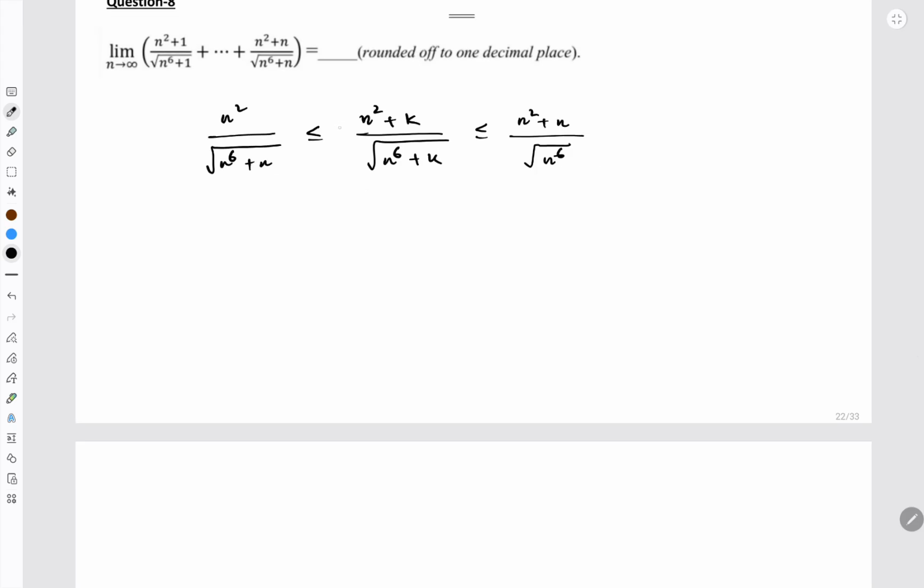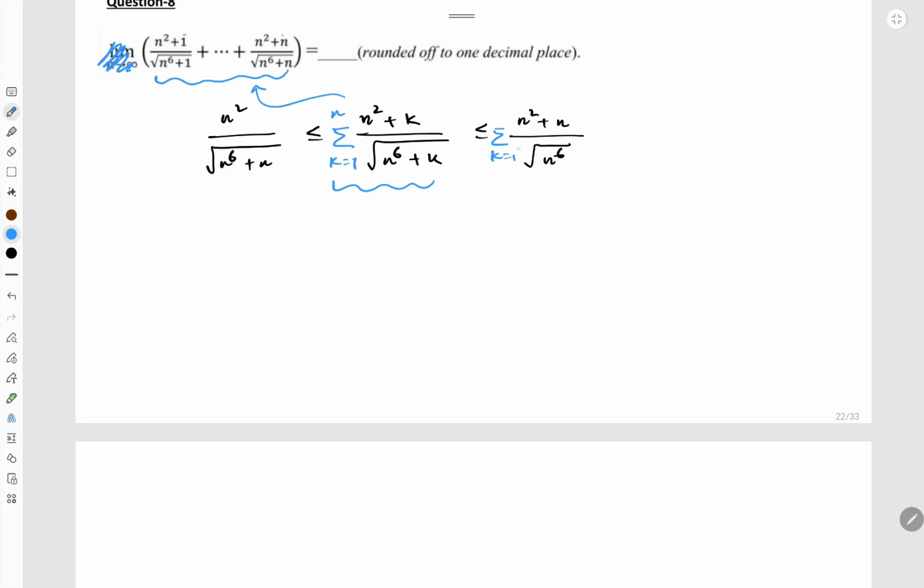Now if I apply the summation sign, if I sum it from k is equal to 1 to n, because I am not talking about infinity right now. I am talking about this sum right now. So the sum is going from 1 to n, right? This particular thing is same as this particular thing right now.